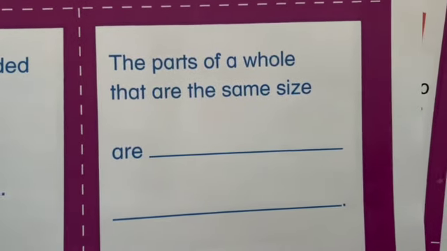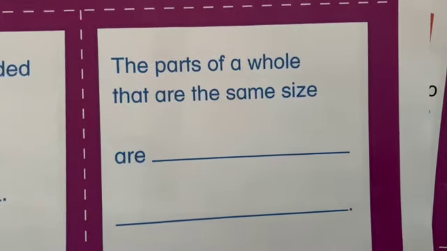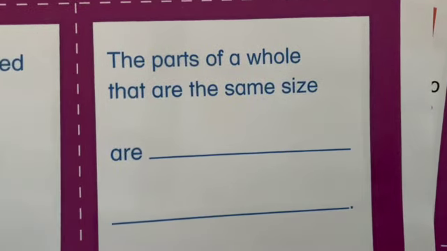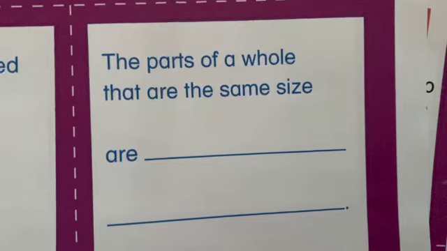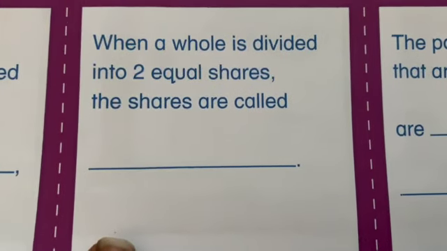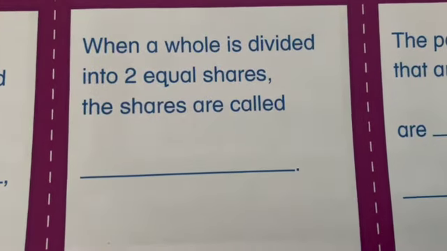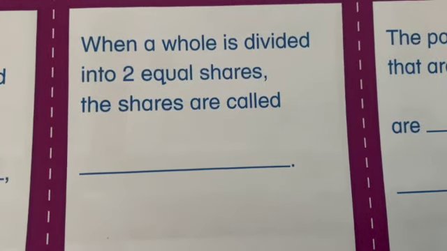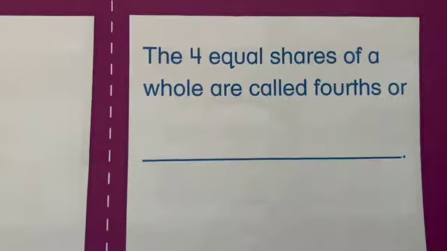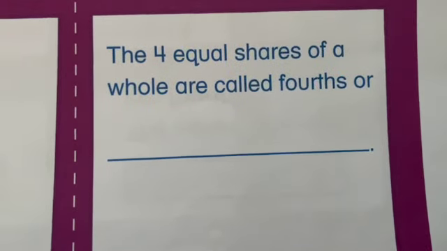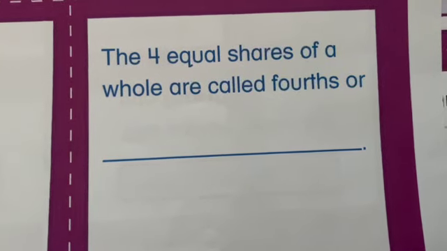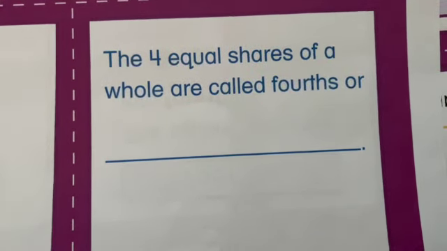The parts of a whole that are the same size are 2 equal shares. When a whole is divided into 2 equal shares, the shares are called halves. And so this one, the 4 equal shares of a whole are called fourths or quarters.